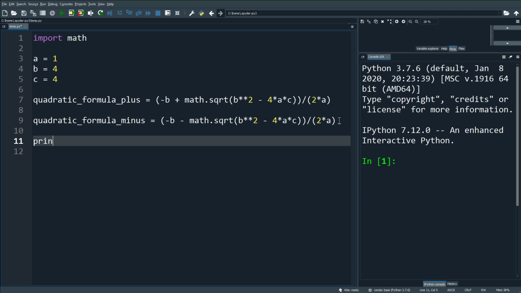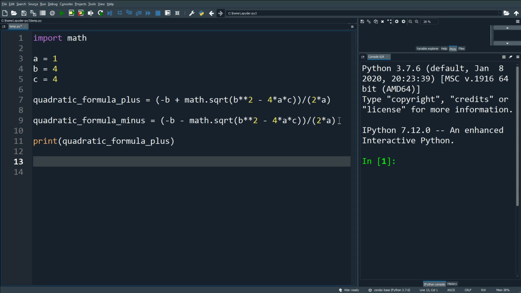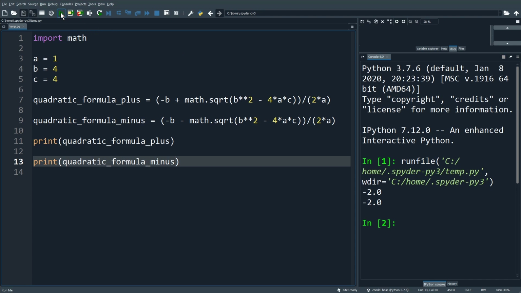So let's print quadratic formula plus, and then let's print quadratic formula minus. My two answers should be -2 and +2. That's interesting. -2 and -2. Oh wait, no, what am I saying? Yeah, it's -2 both. Yeah, I'm an idiot.